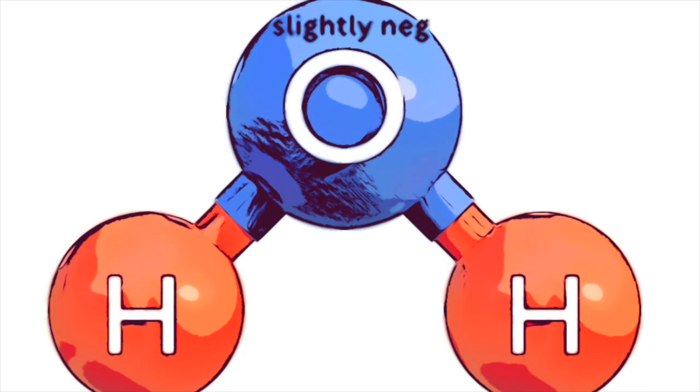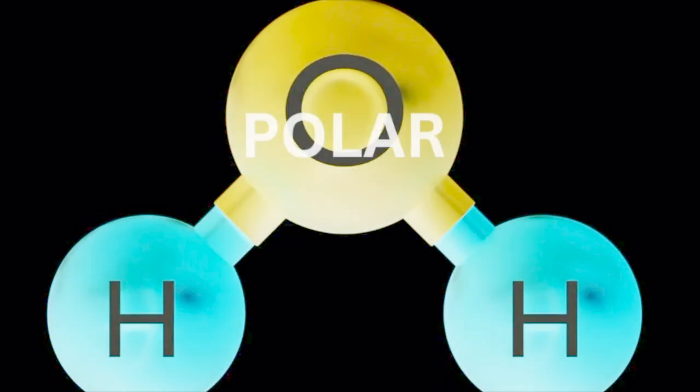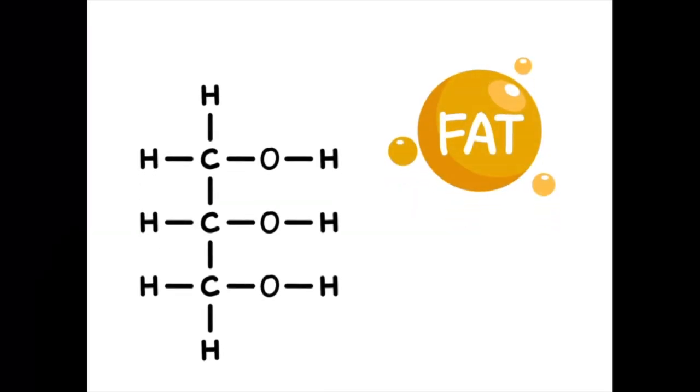With a positive charge on one side and a negative charge on the other, water is known as a polar molecule. This characteristic is important because only polar or charged molecules dissolve in water. Non-polar molecules cannot.